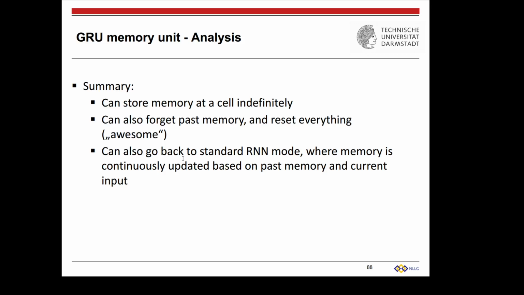And we can also go back to the standard RNN mode, where the memory is continuously updated based on the past memory and the current input. These are just the extreme cases. The network itself can learn to take something in between those extreme cases, and that's what makes these GRU units really powerful.